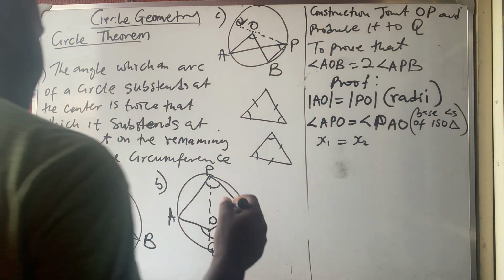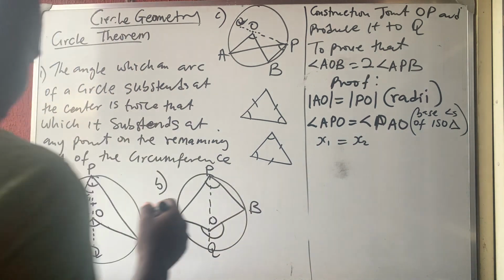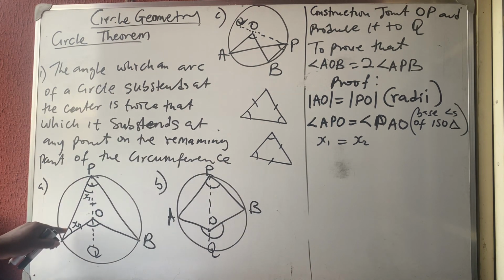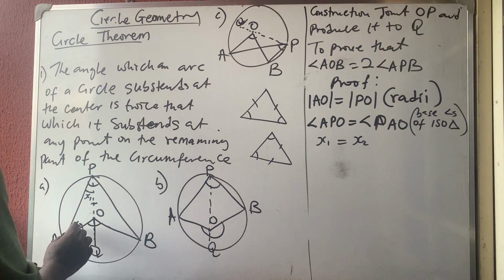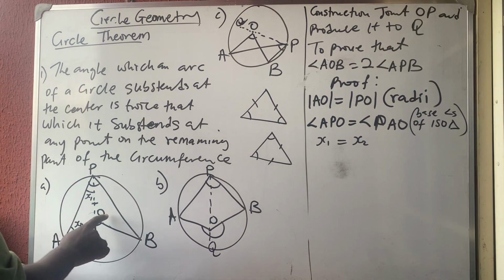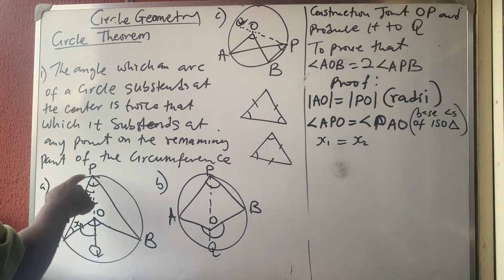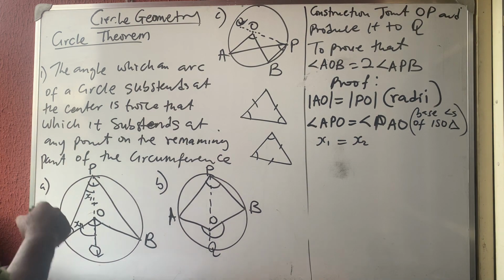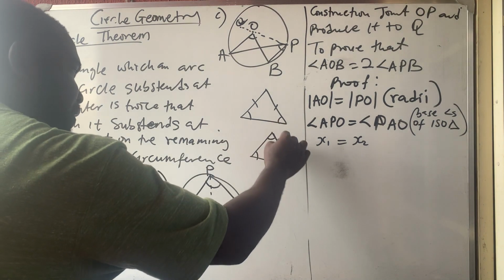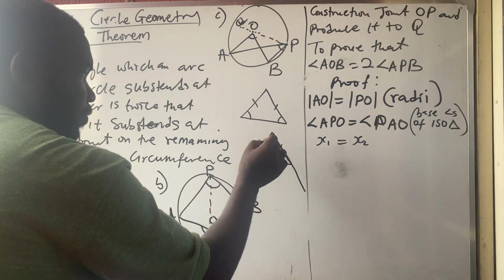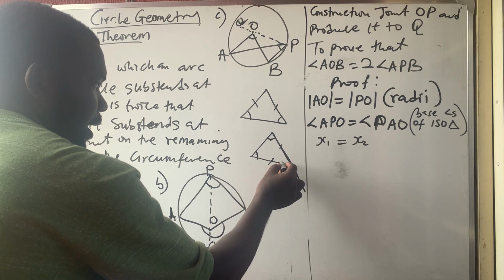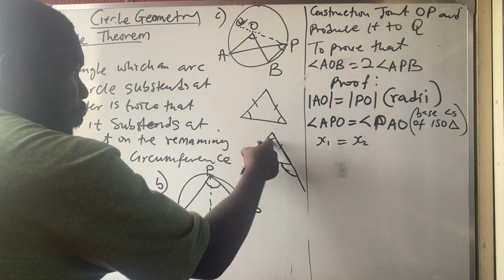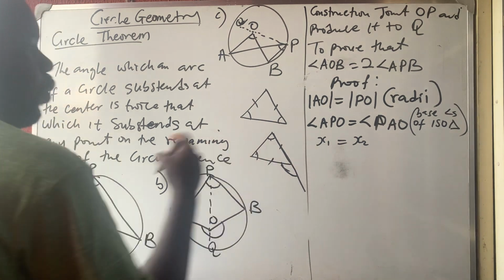Do you know that x1 plus x2 is equal to this angle AOQ? Yes, if you add these two angles, it is equal to this one. Whenever a triangle is being extended like this, these two angles are equal to this outside angle, and it is called sum of two opposite interior angles equals one exterior.